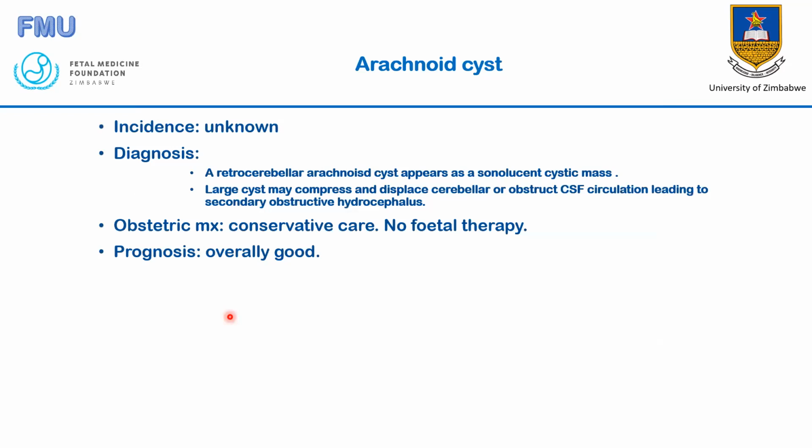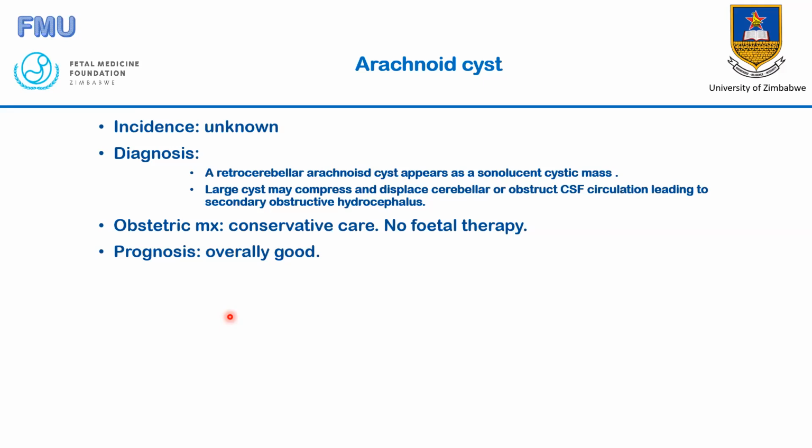Then arachnoid cysts. Again, the incidence is not well known in terms of how common these are. This is a retrocerebellar condition, and there could be two types. There's one that happens within the cerebrum area. Then we have the one that happens within the posterior fossa.